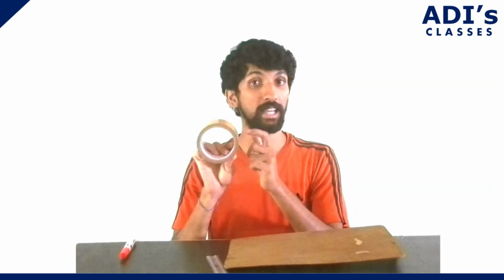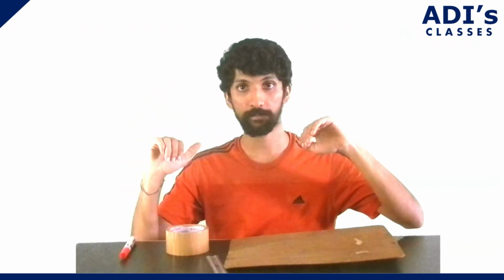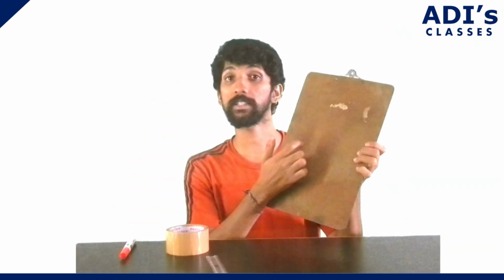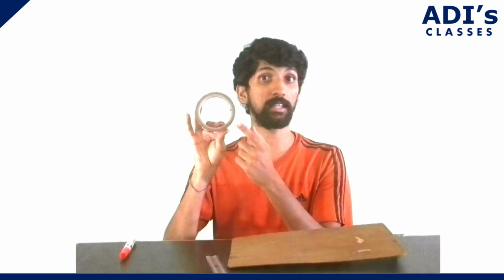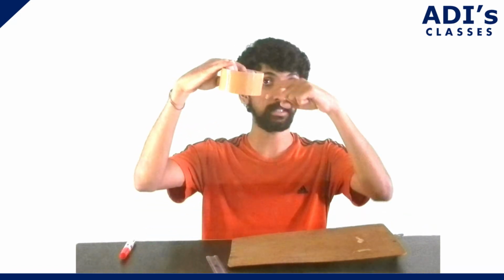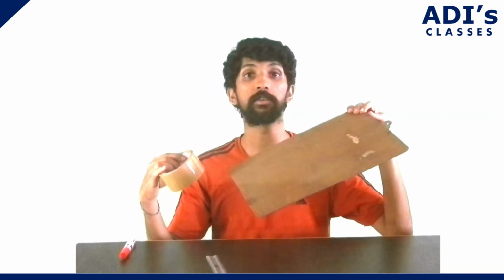Now, the tape, whatever you have, one is like this, the next one is like this, next one, correct? Whereas the surface in this is horizontal. Basically, these tapes, if you look at this, one is like this, one like this, one like this. They're vertical. This is horizontal.